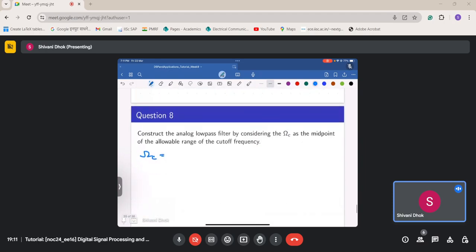This is equal to (1.2702 + 3.6871) divided by 2, which comes out to be 2.47865. So this is now my omega c.